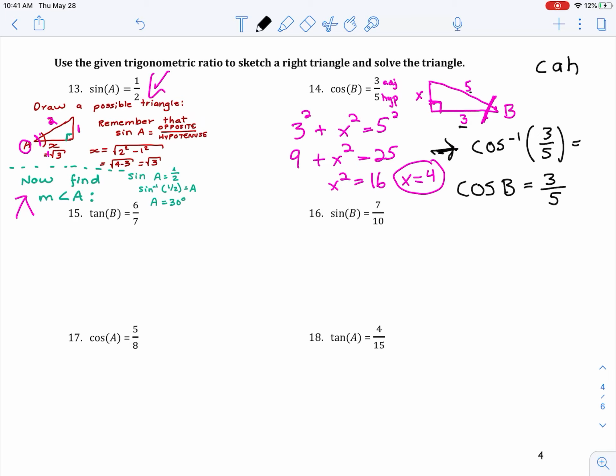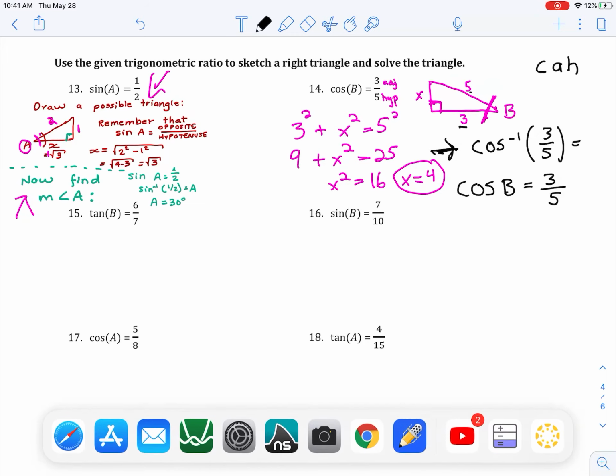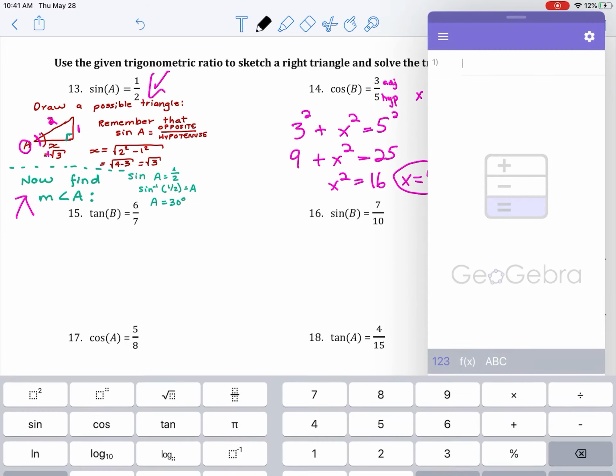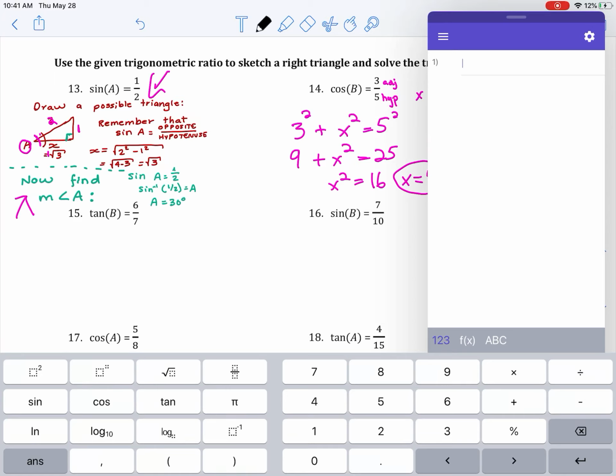And when I do second cosine 3/5, and again, I don't know why this calculator does that. I'm sure I'm just hitting the buttons incorrectly. Maybe if I do the -1 first, does that do anything? Not really.